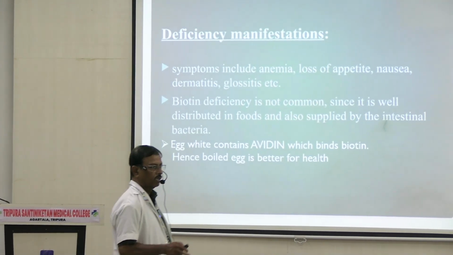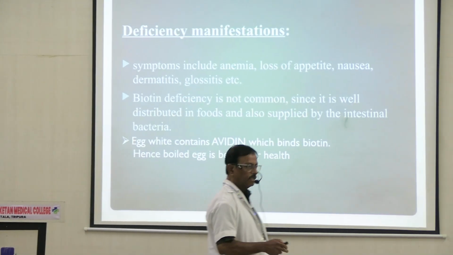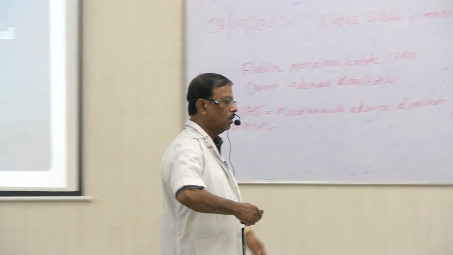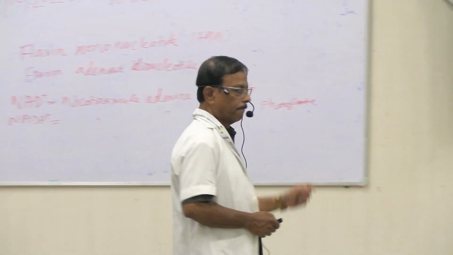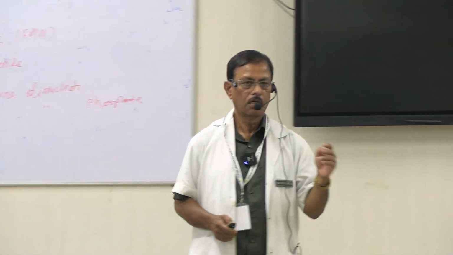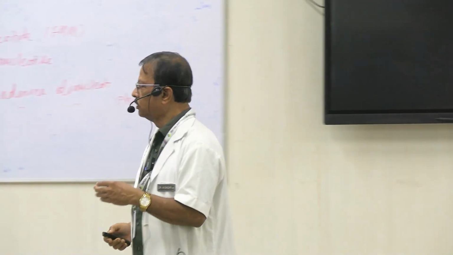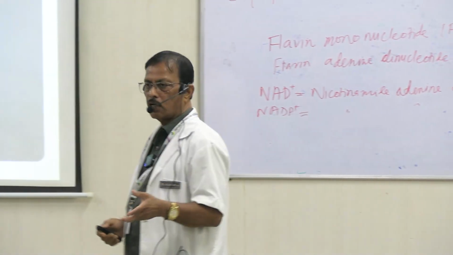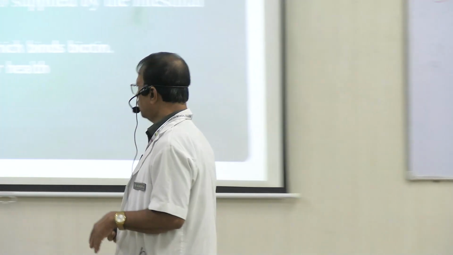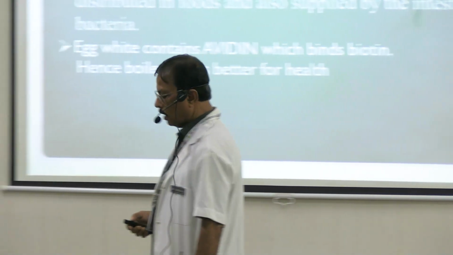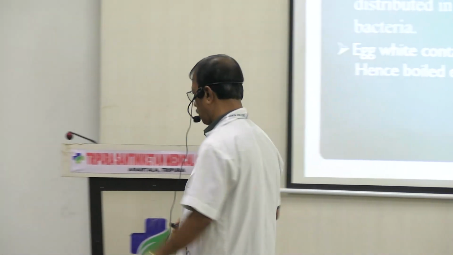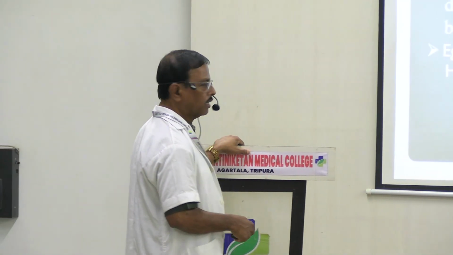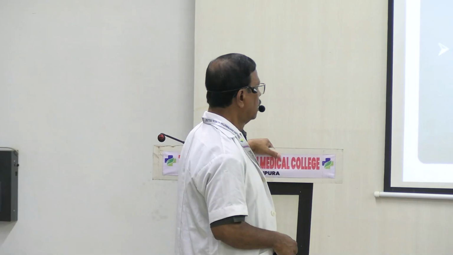So if egg is taken raw, then it will inhibit the absorption of biotin from the egg as well as from other food. So egg should not be taken raw. It should be boiled. Once boiled, this avidin gets destroyed.